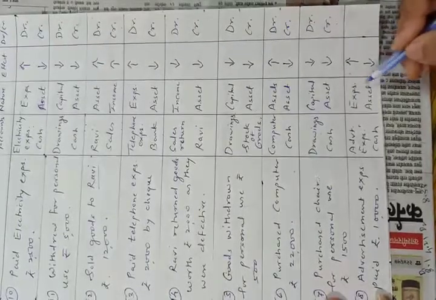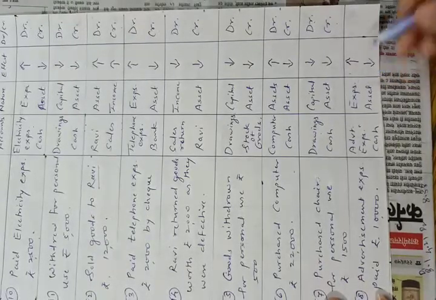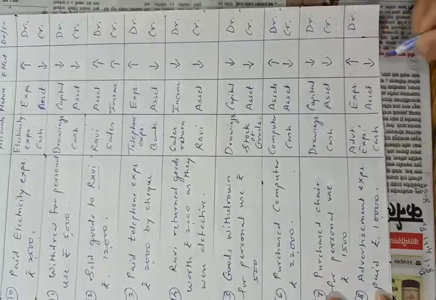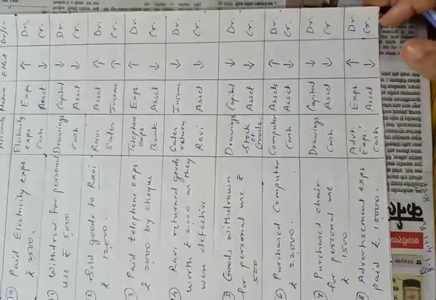We will use first rule for both the accounts. If there is increase in expenses, assets, etc., account will be debited, and if there is decrease, account will be credited. So in this transaction, advertisement expenses account will be debited by rupees 10,000 and cash account will be credited by rupees 10,000. Okay, that's all.